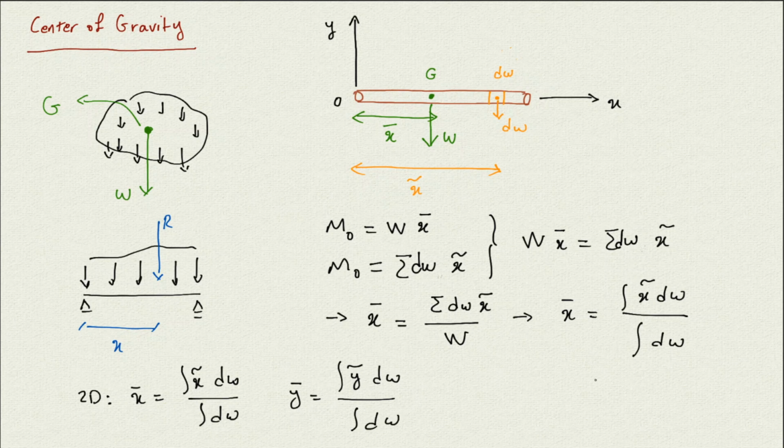And the same way we can have it for the z direction as well, if we have the 3D option. And this is how we will do that for the center of gravity.